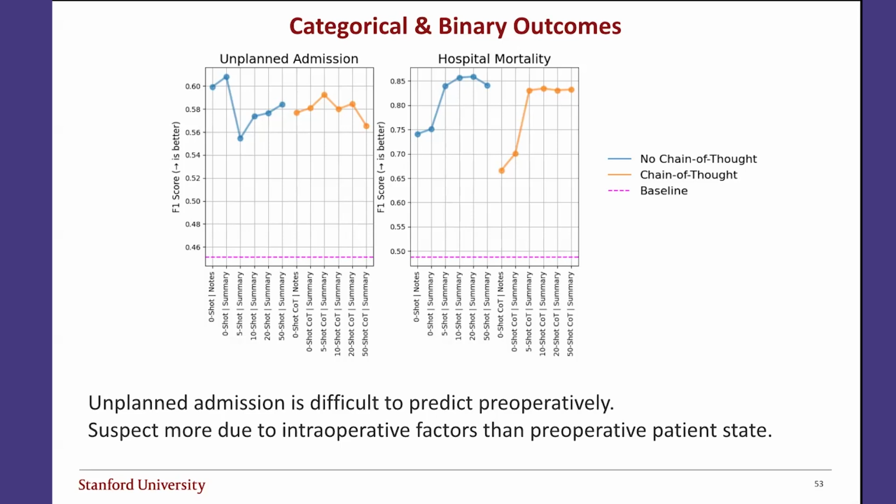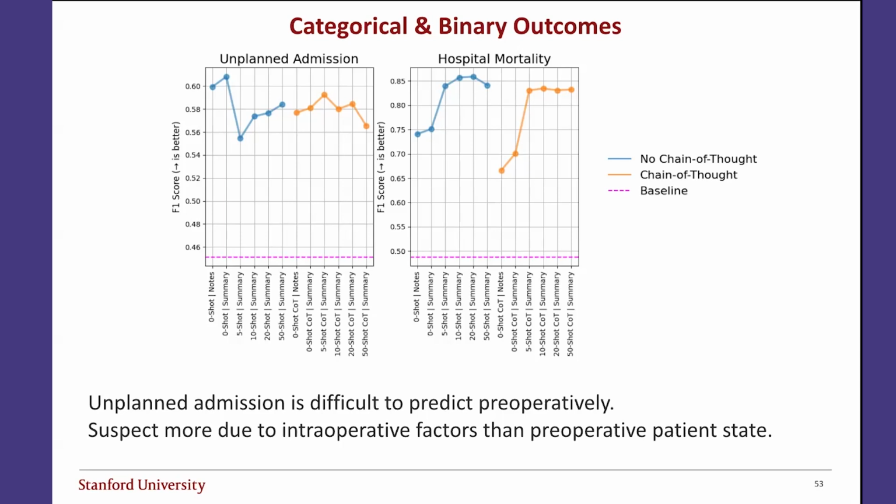If what actually happened in the electronic health record was different than the surgeon's expectation, we call that an unplanned admission. So our thought is that this unplanned admission is more likely maybe something unfortunate happened in the operating room itself. Well, that's not really something that you can get from a patient's preoperative state and the state of their electronic health record.